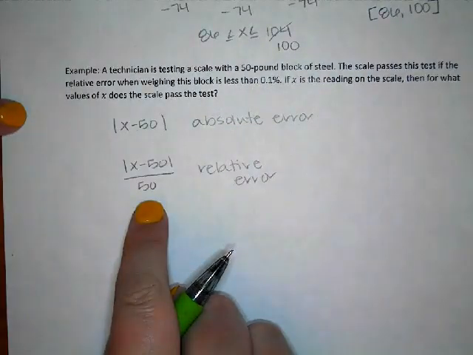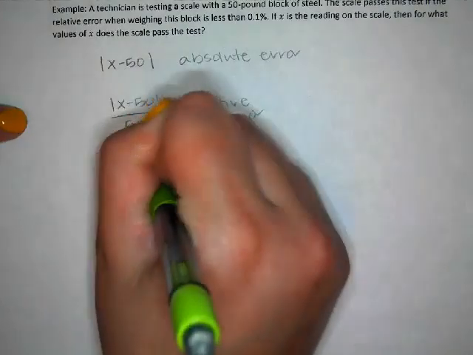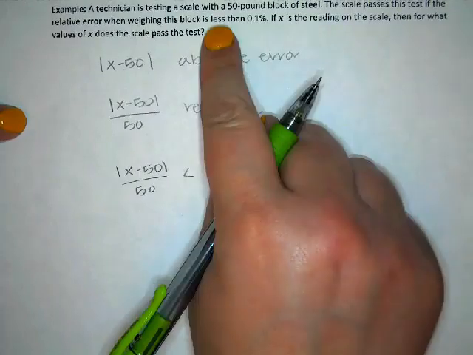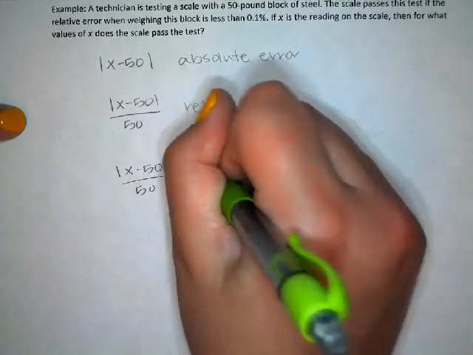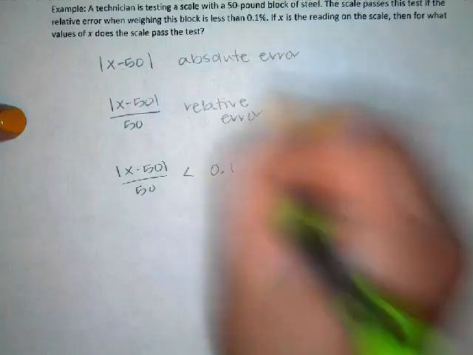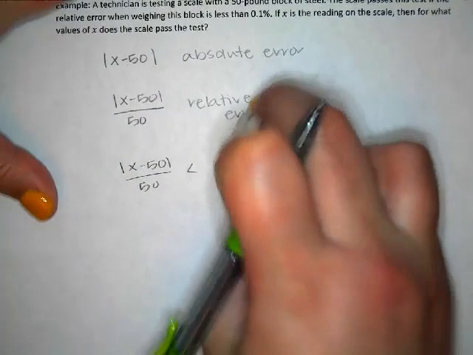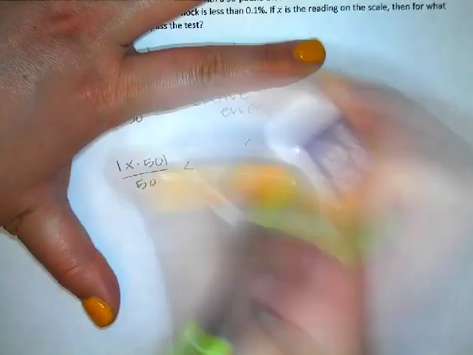So what we want is we want this relative error to be less than 0.1%. And let me write this off to the side because 0.1% we can't do a computation with.